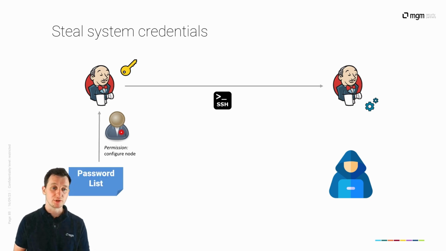Normally we do not have any restrictions when we are inside, and we can just again and again use this password list to find out using brute force what password is used for this specific user account.